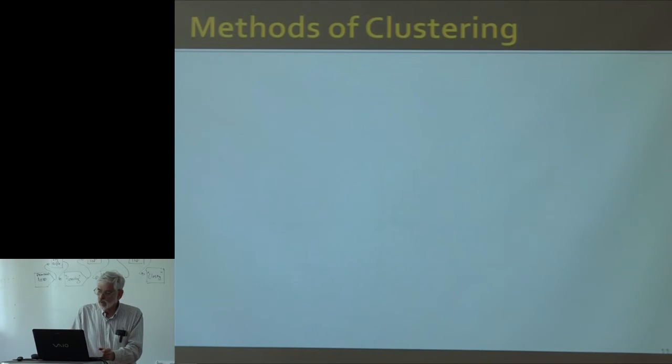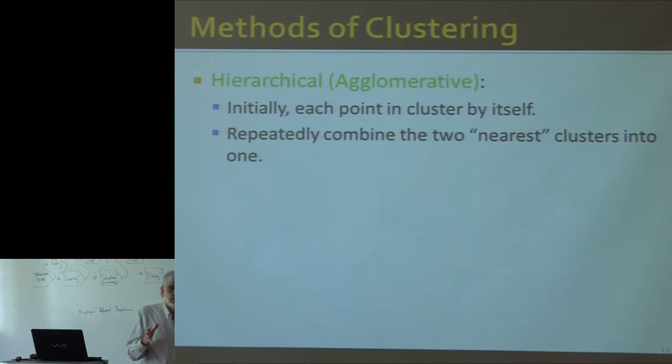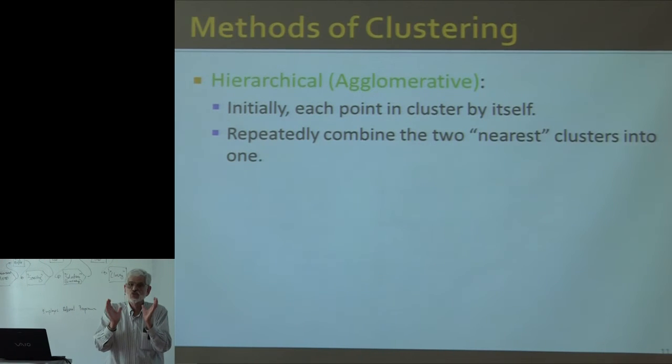So we want to talk about clustering again. As I said, one approach is called hierarchical, and this is probably the preferred method if your clusters don't have a regular shape. That is, if you remember my first two-dimensional example, the clusters were sort of ellipses.